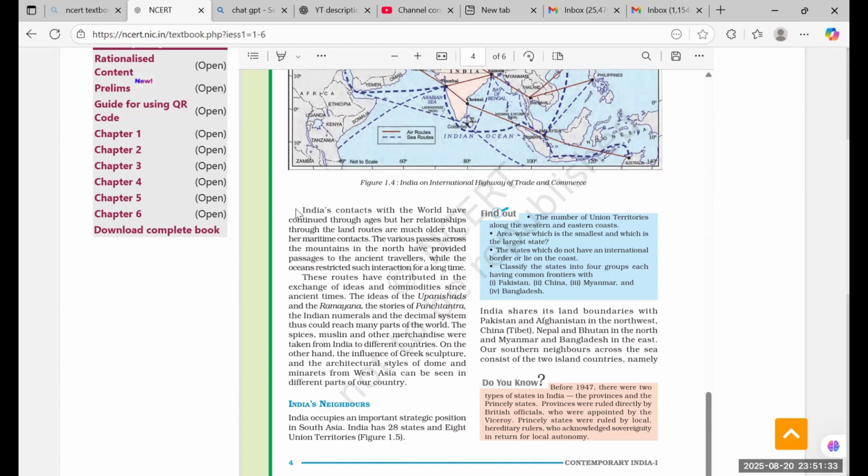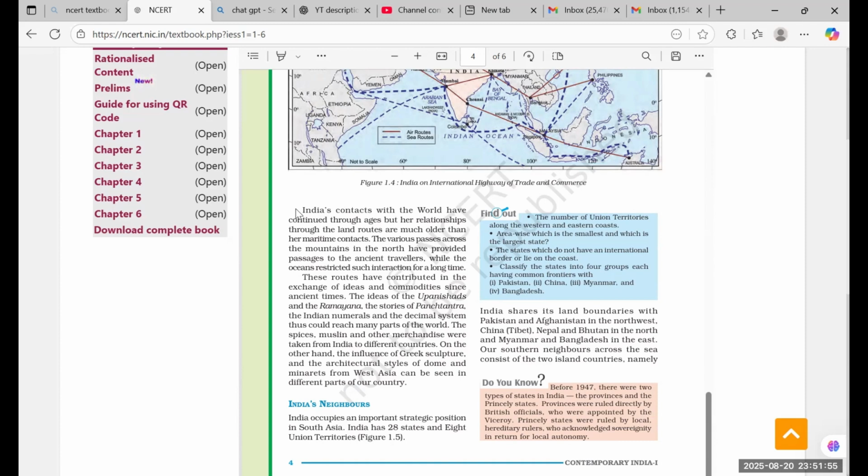Further, when we talk about the commodities which have been exchanged, and the exchange of ideas which has taken place, the ideas of the Upanishads, the stories of the Ramayana and Mahabharata reached the world.